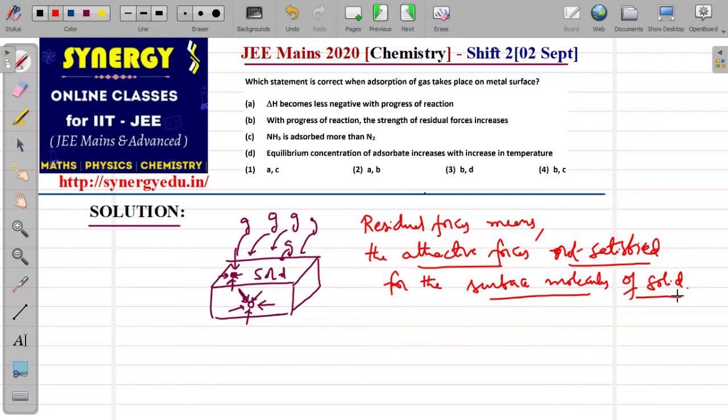That is called residual forces. These are the forces responsible for bringing the gas molecules onto the surface of the solid. In other words, they are responsible for the adsorption process.